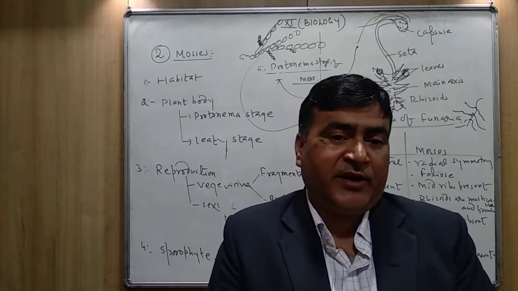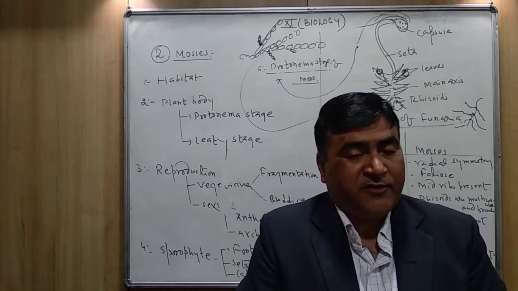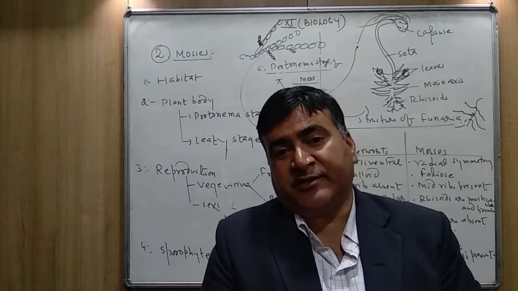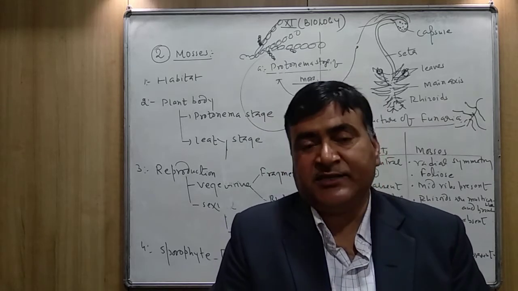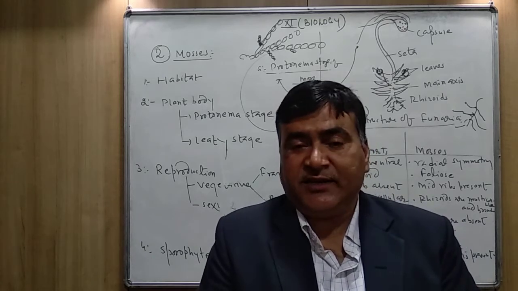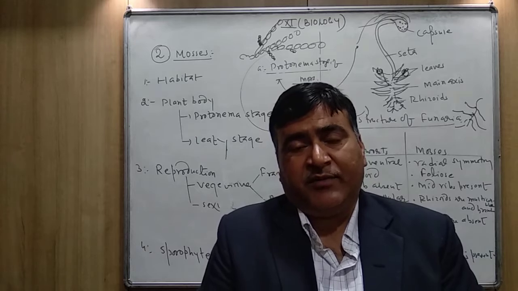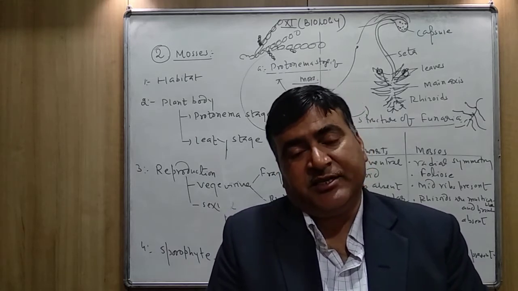And it is very, very important in moss plant also. Water is required for the process of fertilization. As you know, in the liverworts, we have already discussed that without water, the process of fertilization doesn't take place, because antherozoids are motile, and the egg is non-motile.